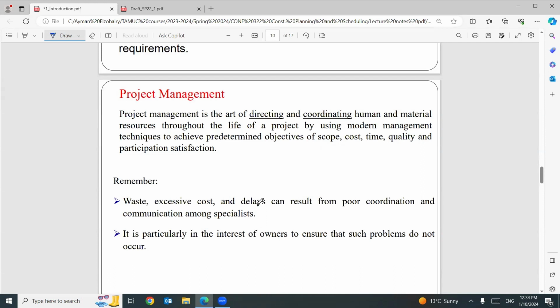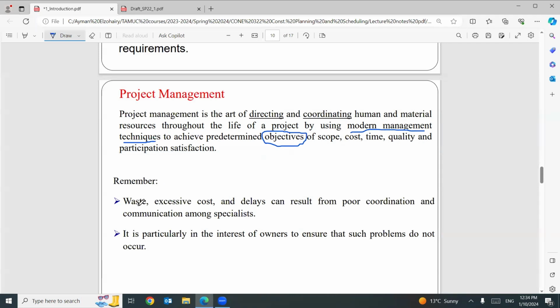So for any project, we have objectives. We need to satisfy these objectives. We are going to use modern management techniques. We will learn some of them to achieve the required objectives.